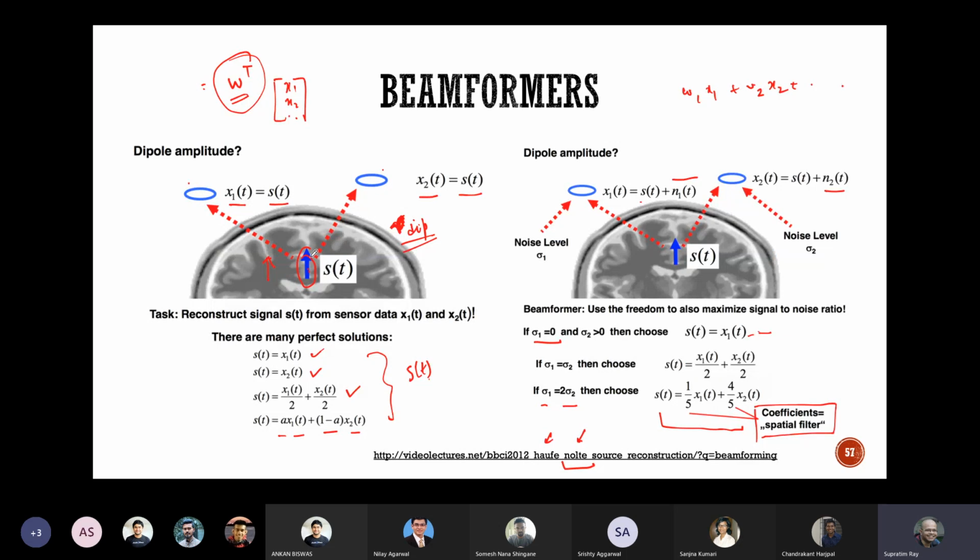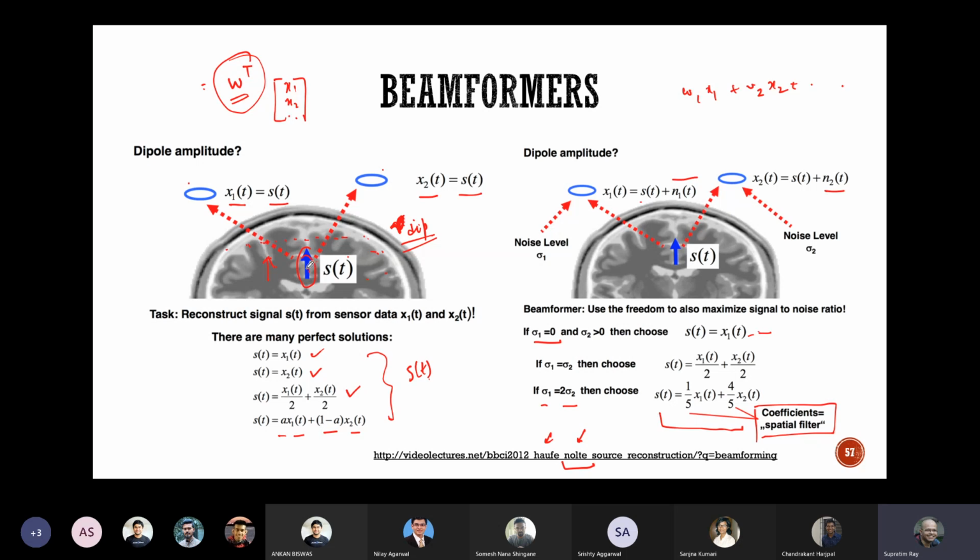So unlike the previous case, where I told you that dipoles are all over the place and then I find an overall solution by making a fat matrix G, here I'm not doing that.